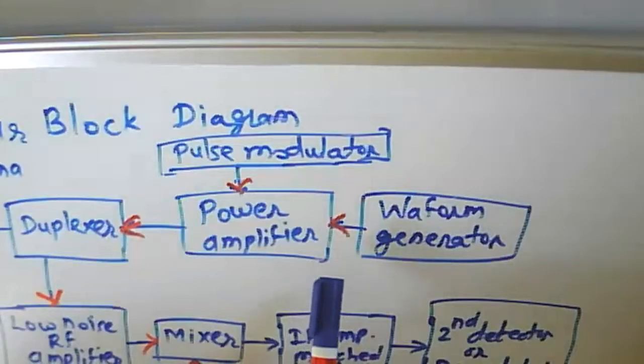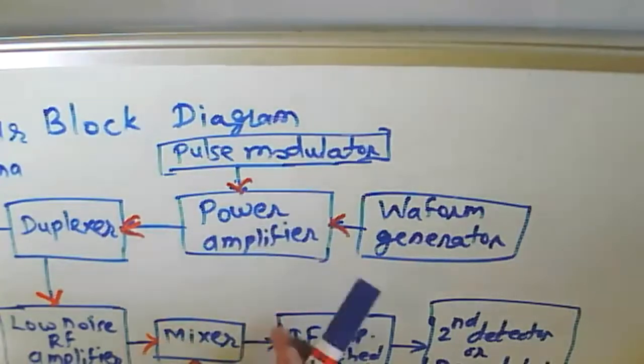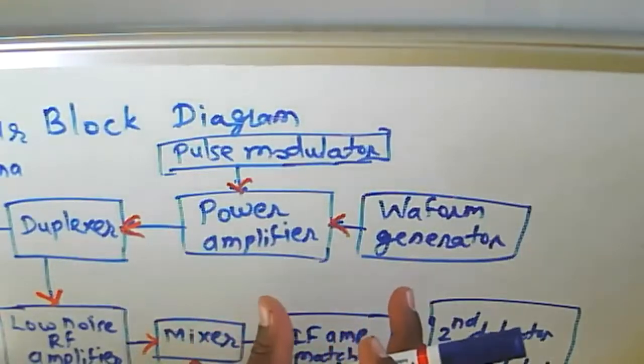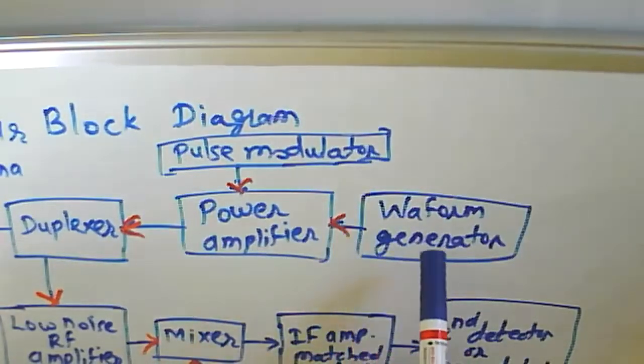That's why we use a power amplifier to send the pulse to the object. But the waveform or signal is to be generated from the waveform generator here.